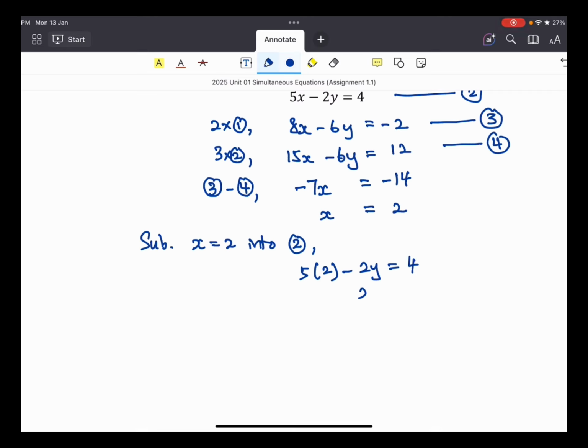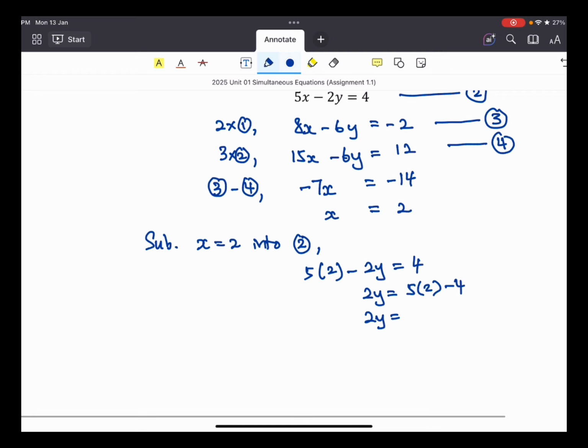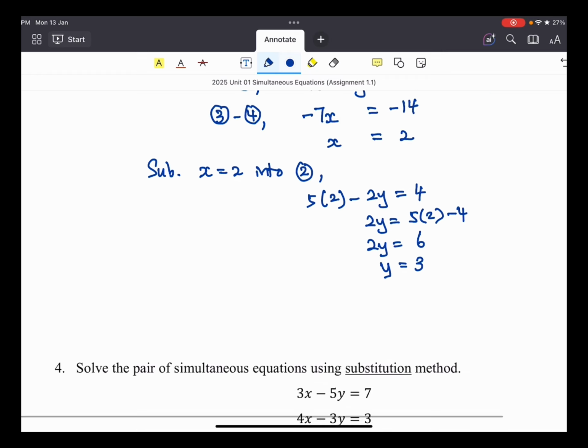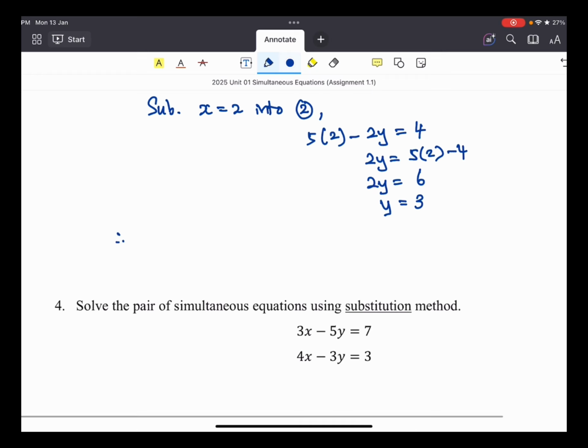So that means 2y is equal to 5 times 2 minus 4. 2y is equal to 10 minus 4, which is 6. So y is equal to 3. Then write down solution. Therefore, solution x is equal to 2, y is equal to 3.